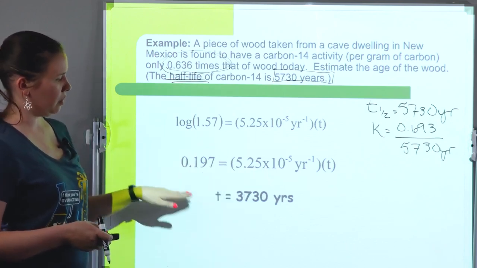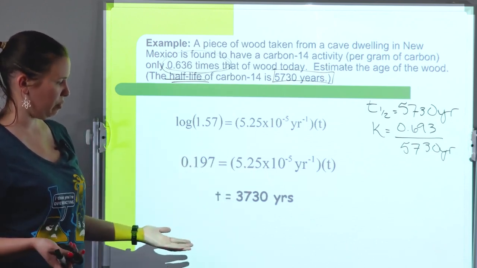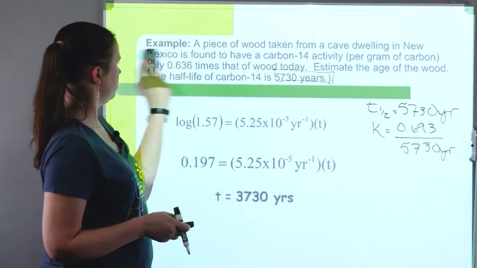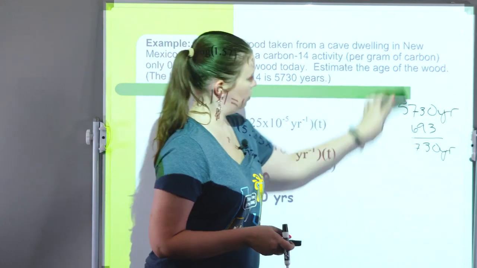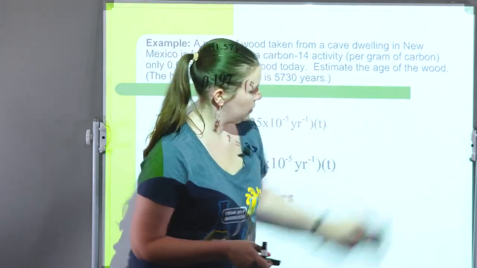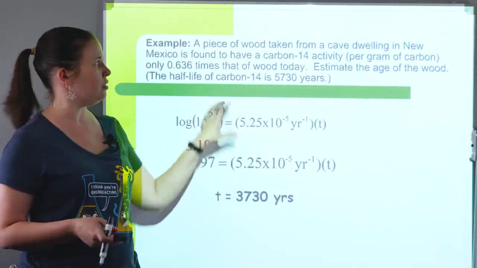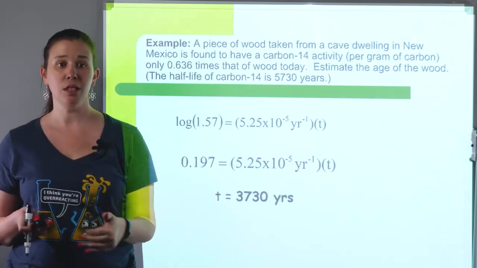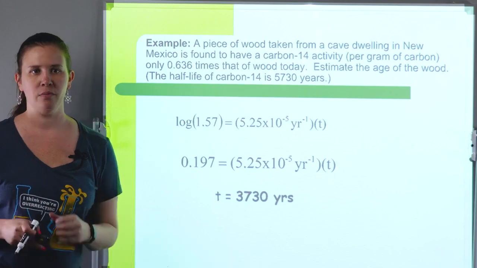And then when you divide that by your K value, you get the time that must have passed. Very long time, 3,730 years. So what's tricky about these ones is using that percentage correctly. Whenever you're working with percentages and you need a starting point, go with 100 grams.